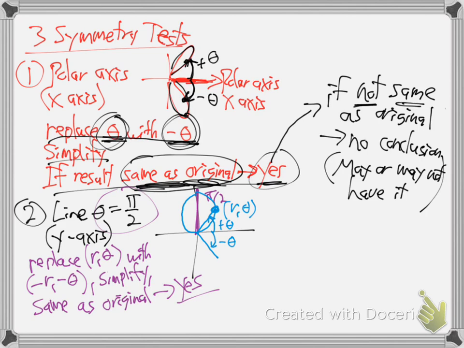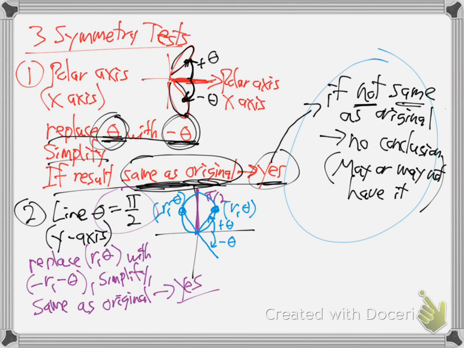Negative r. Shoot backfire. Backfire, negative r, you get the same point. Do you see that? That's negative r, negative theta. And if you get that point, then you're getting points that are the same on the right and left of the y-axis. See how that works? That's a way of testing that. Both of them, negative r, negative theta. And again, if it's not the same, then it's just inconclusive.